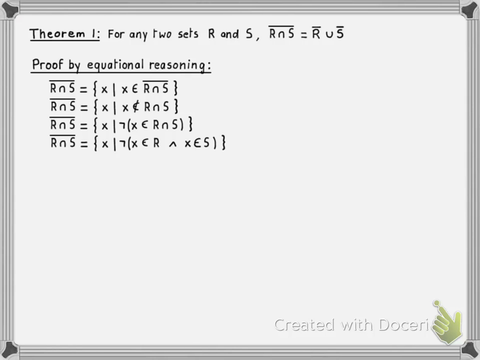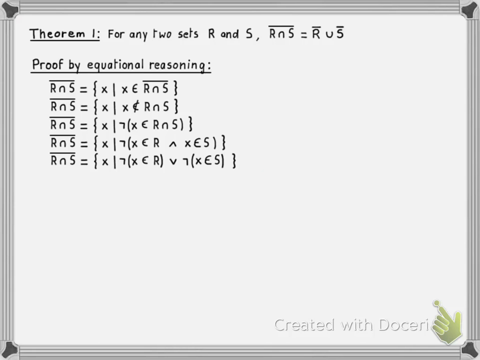And now this is the crux of the proof. We have a negation of a conjunction, and therefore we can replace that with a disjunction of negations. Namely, it is not the case that X belongs to R, or it is not the case that X belongs to S. Notice the justification for this step is what?